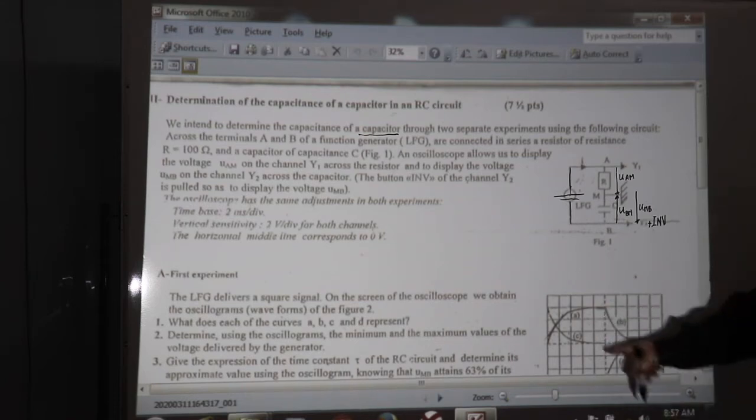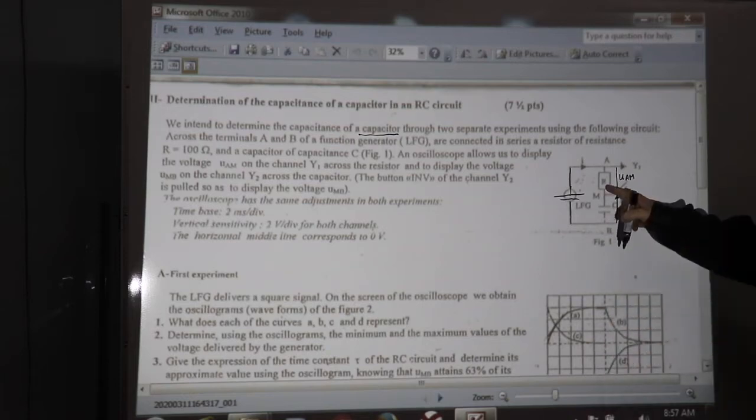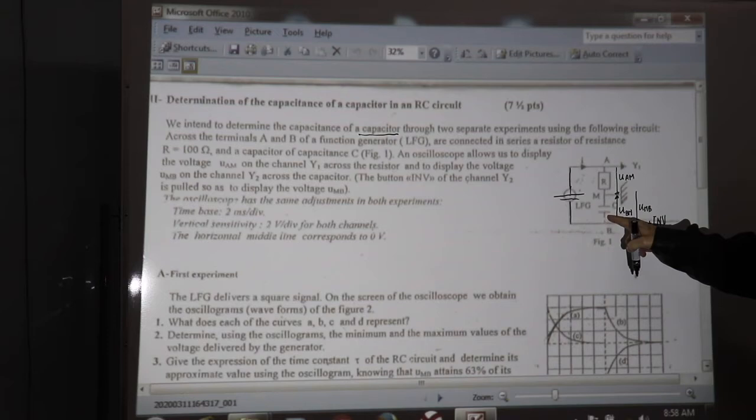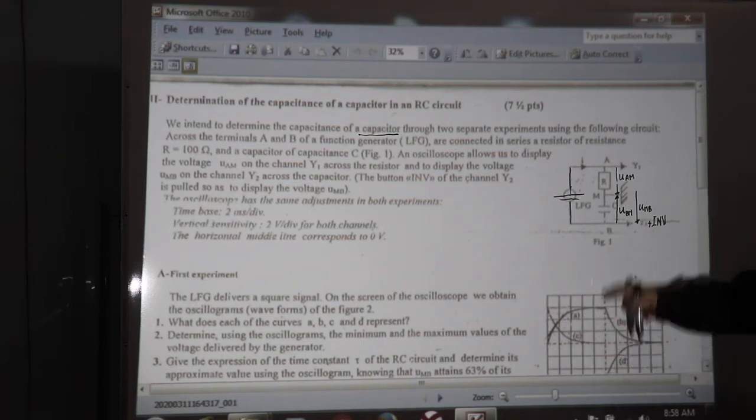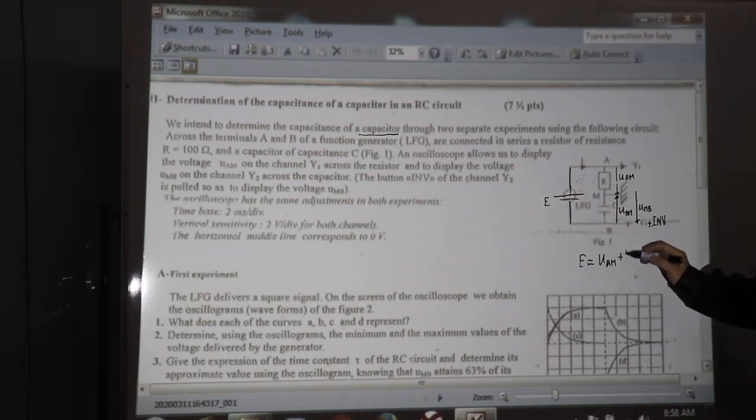Let's look at C at the same time. In C, when the voltage of the capacitor increases from 0 to E, at the same time the voltage of the resistor decreases from E to 0. Why? Because if this is E, E is equal to UAM plus UMB, which is constant.